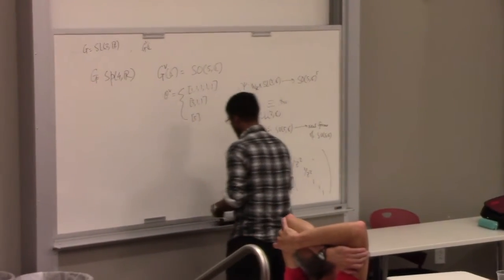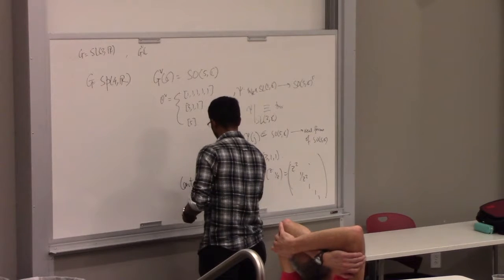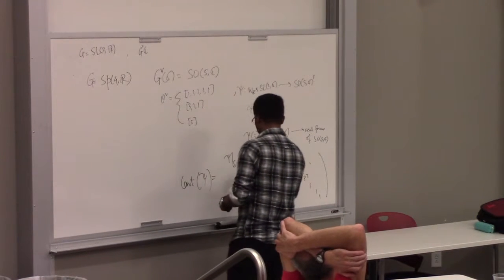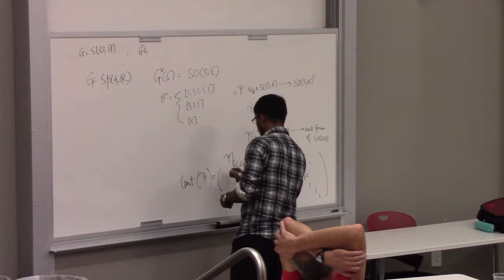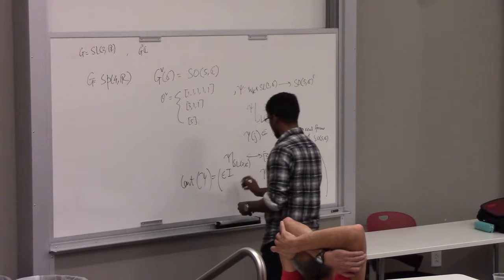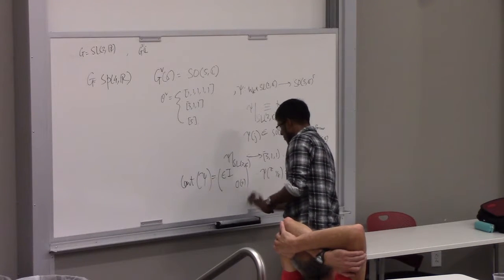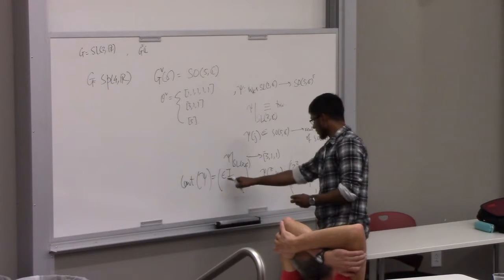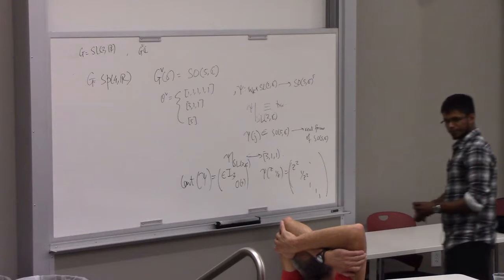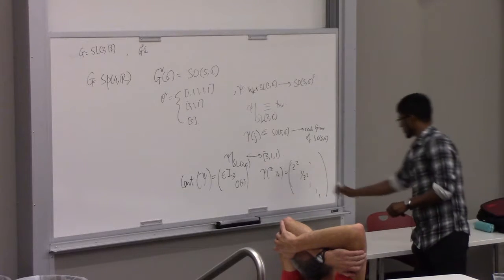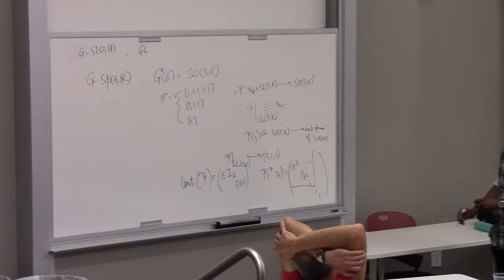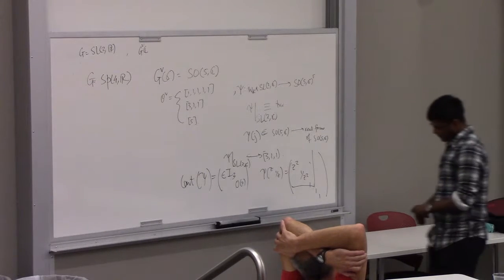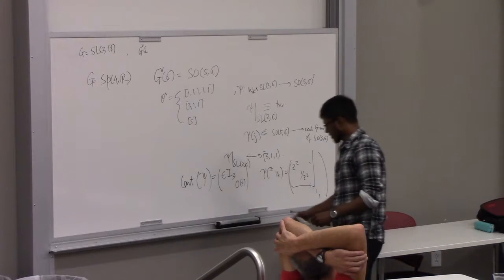The centralizer of psi is exactly O2, and the way O2 sits here is epsilon times identity times a matrix, an element of O2 here. So this is I3. This is the diagonal centralizer.